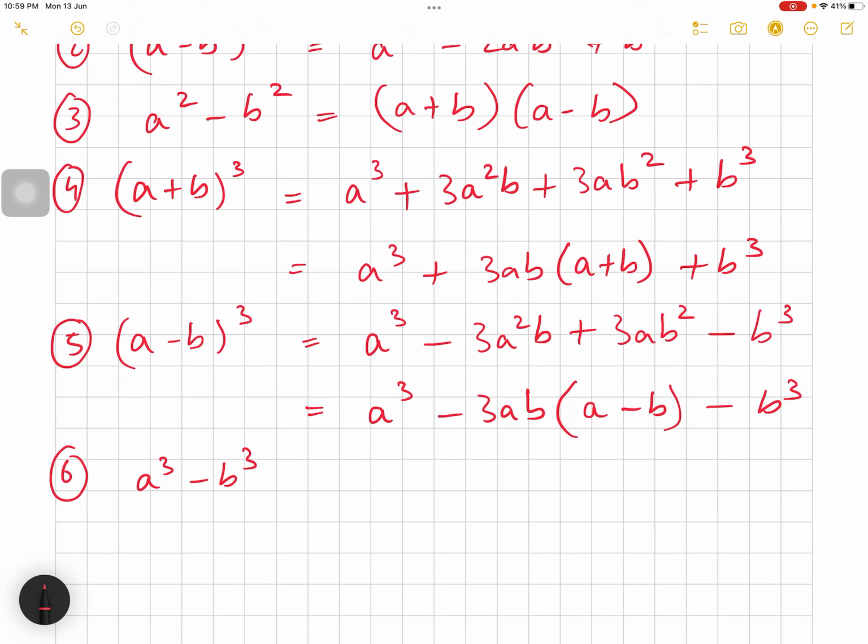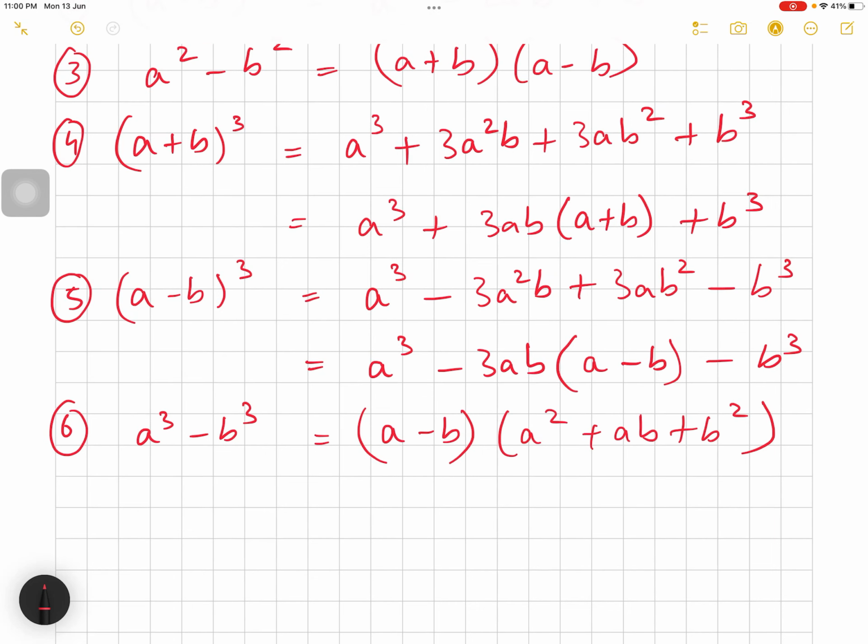A cube minus b cube is a minus b into a square plus ab plus b square. And yeah, this is the formula.